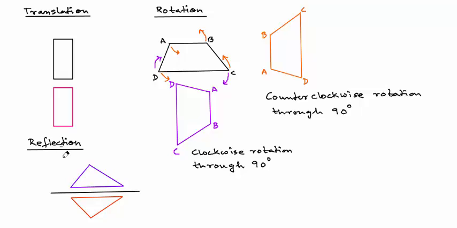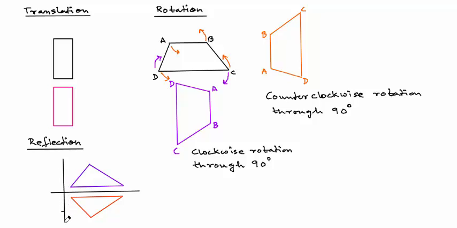If, however, that same triangle were to be reflected about this straight line, which means this line would act as a mirror, the reflected image this time would be on the other side of this mirror and the same distance away from it.